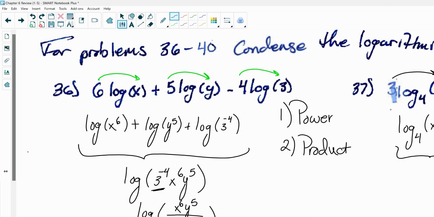At this point, we have 2 logarithms being added together, so we can rewrite it as 1 log with what's inside being log base 4 of x to the third, y to the ninth. Now we can only really use these properties if the bases are the same. And for everything we're going to do, the bases are going to be the same when we expand or condense.